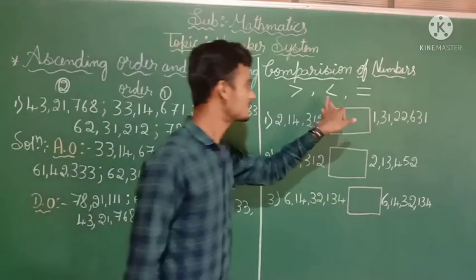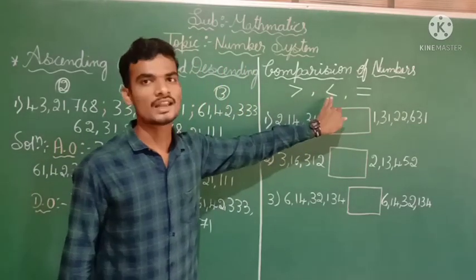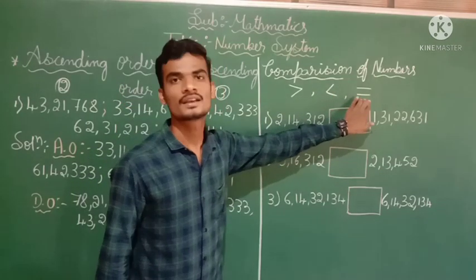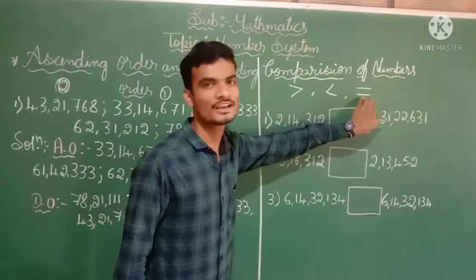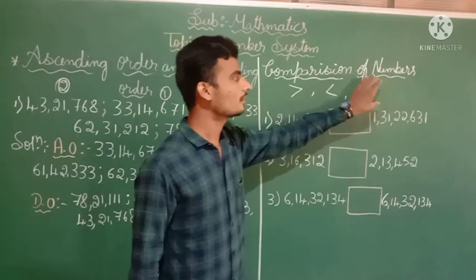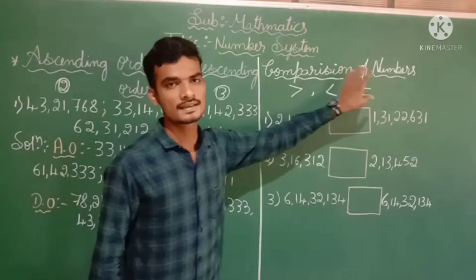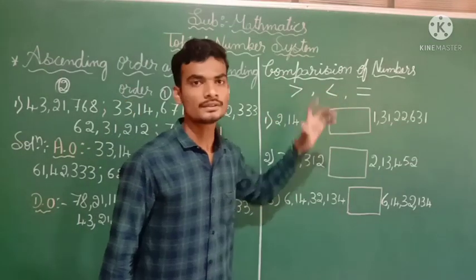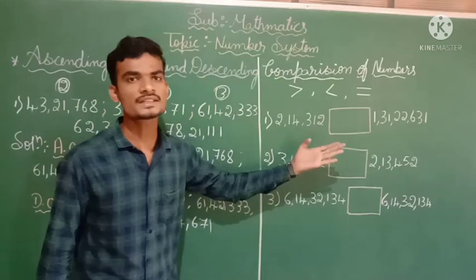Very good. Next symbol indicates smaller than. The next symbol indicates equal to. I hope all of you know about these symbols. If you know the symbols, then you can compare numbers very easily.